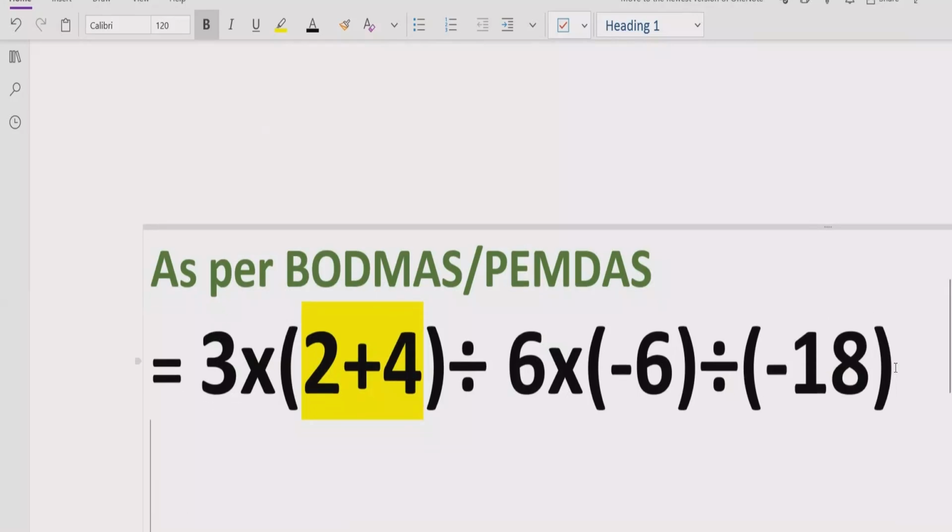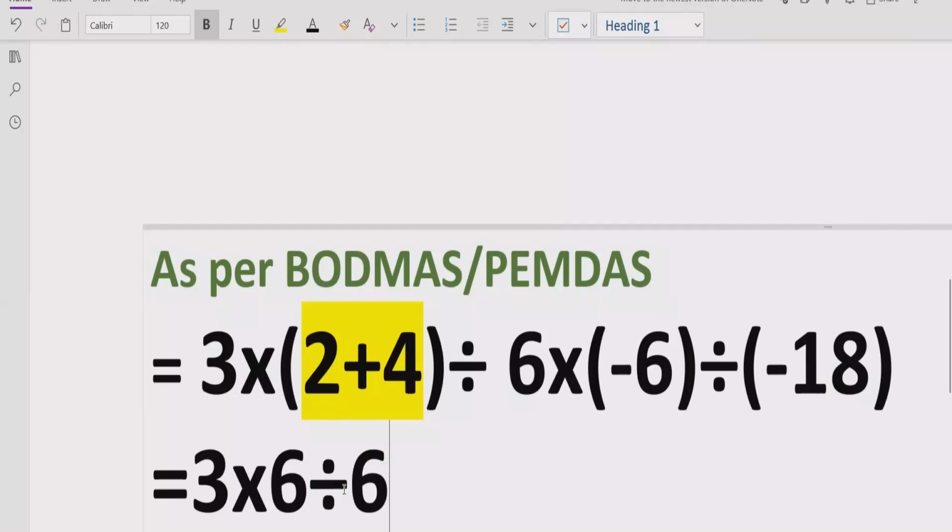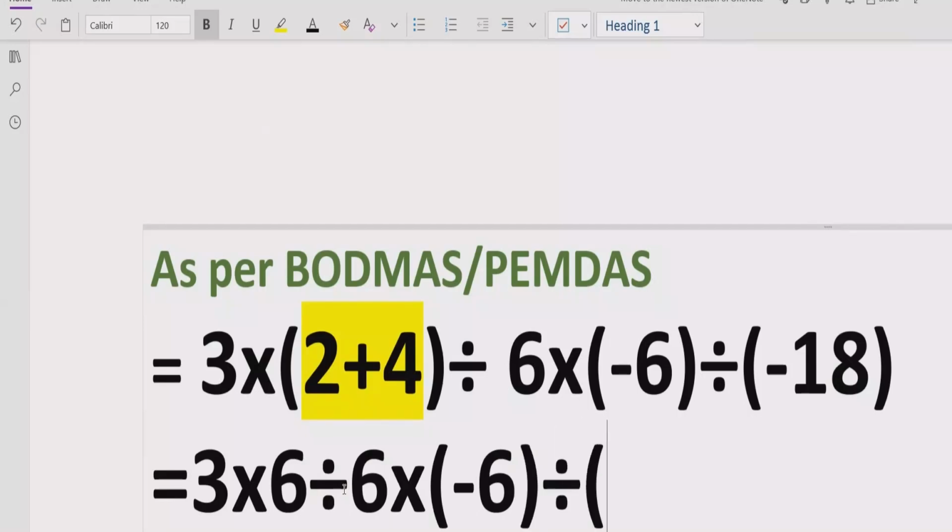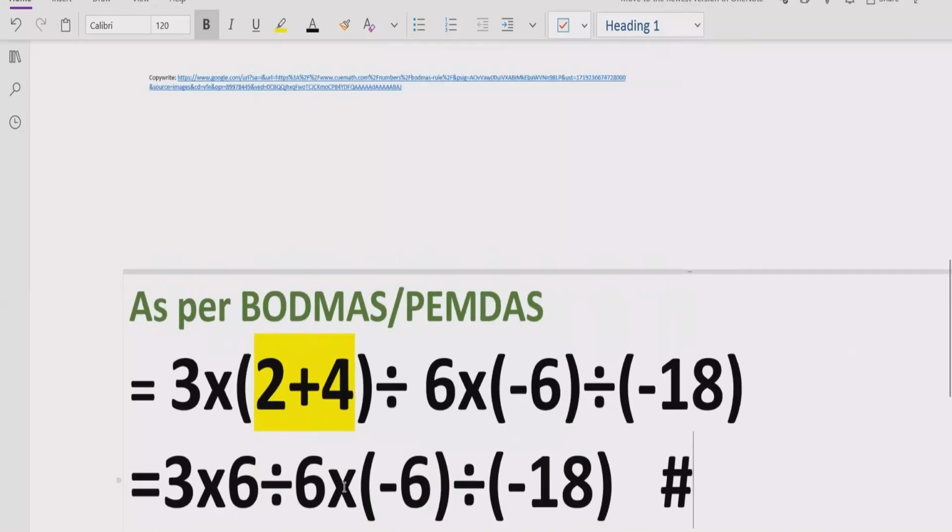So here we have to solve this one: 3 multiplied by (2 plus 4) equals 3 multiplied by 6, divided by 6, multiplied by minus 6, divided by minus 18. Now, here we have to give the reference: 2 plus 4 equals 6.